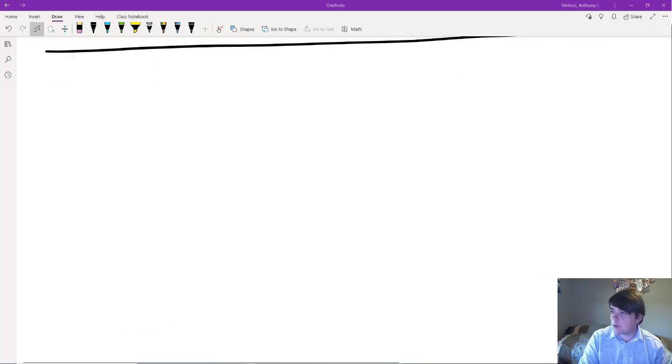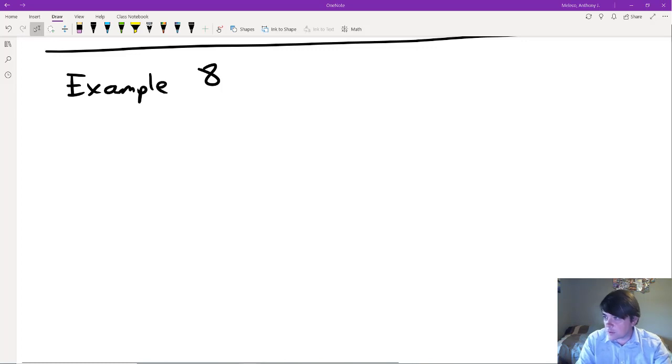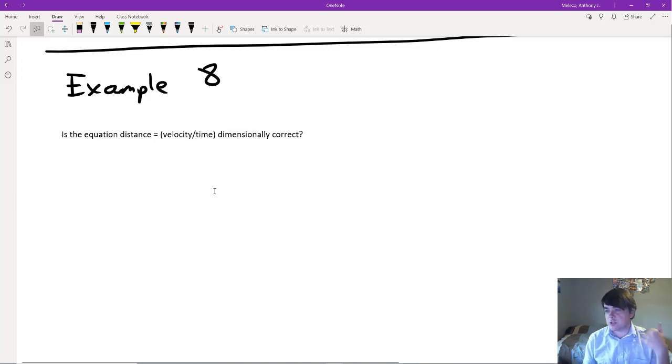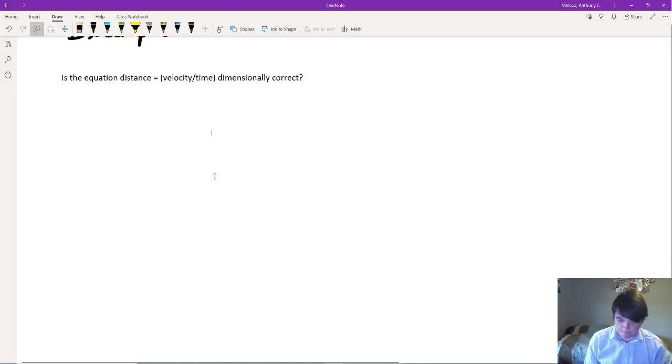Okay, so the final type of problem we're going to do for this topic is how to determine if something is dimensionally consistent or correct. So we want to know, is the equation distance equals velocity over time dimensionally correct?